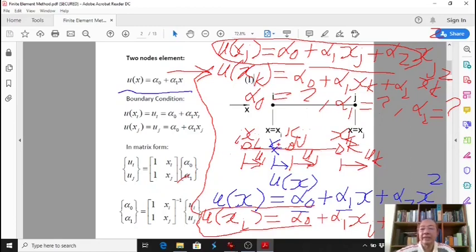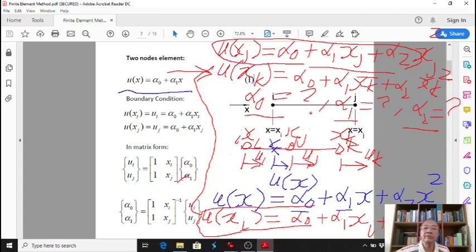Maybe we have another way we need to discuss later. So I just show you the procedure. We need to develop all these three equations first, and then the next step is we need to solve these equations to find alpha 0, alpha 1, and alpha 2.